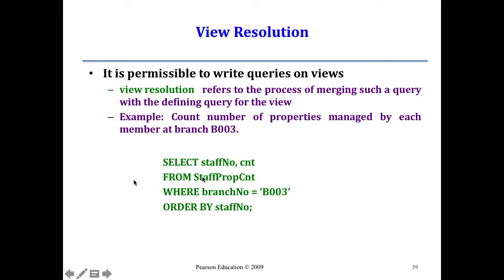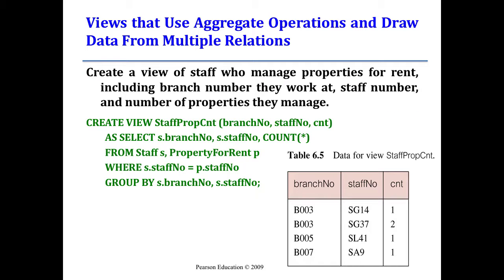So the example we're working with is that we want to get a count of the number of properties managed by each staff member at branch B003. So our original query was this one right here, and it printed the counts for all branches. Okay, so the view we had, staff property count, gave us the property counts for each staff at all branches.